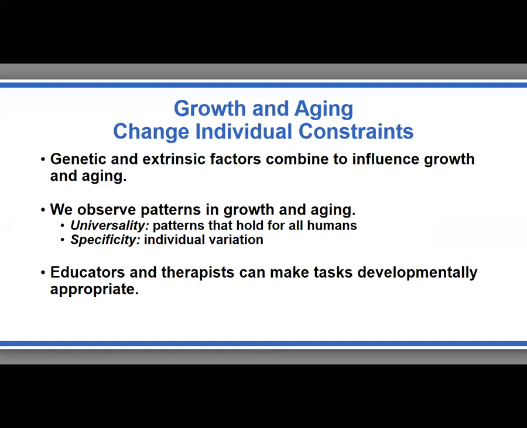We do observe patterns in growth and aging: universality, patterns that hold for all humans, and specificity, individual variations. And again, we all have a little bit of both for the most part.